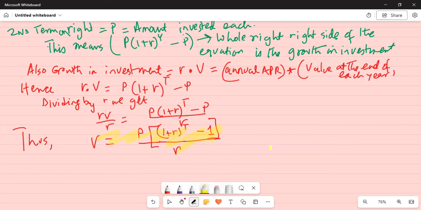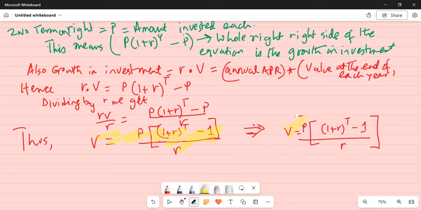Again, that equation is the same as what is written over here: V is equal to P outside the parenthesis, (1 plus R) raised to the power of T minus 1, divided by R.